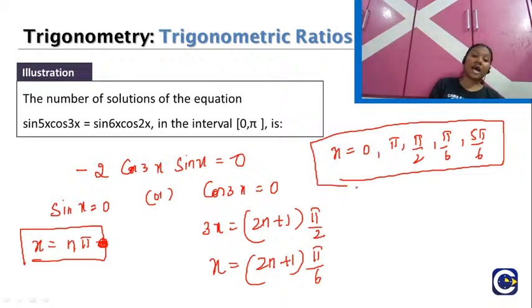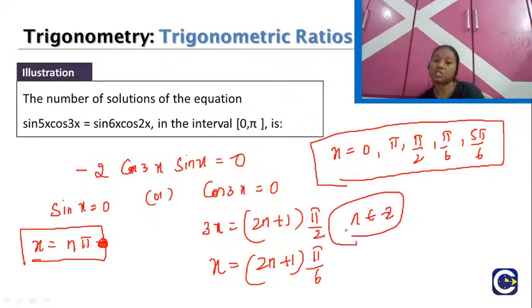Right. So as here they have given in the interval, basically our n values belong to integers. But here you can't take the negative integer. If you take the negative integer, your angles will also come into the negative, which we don't want because they have mentioned the interval.